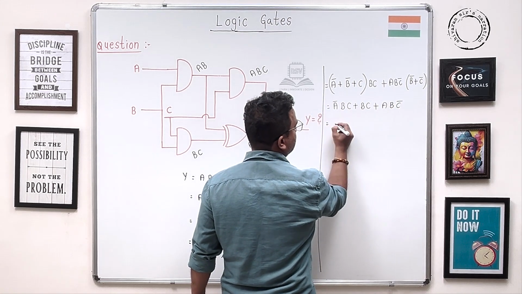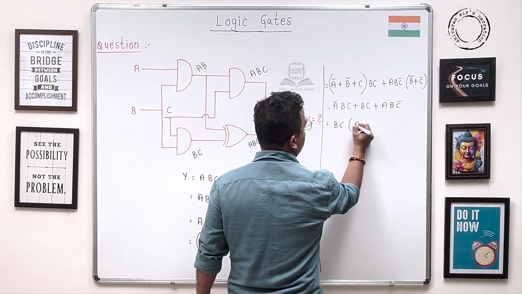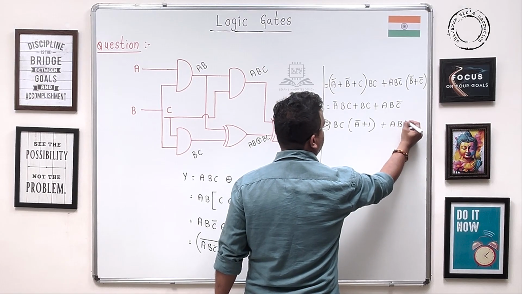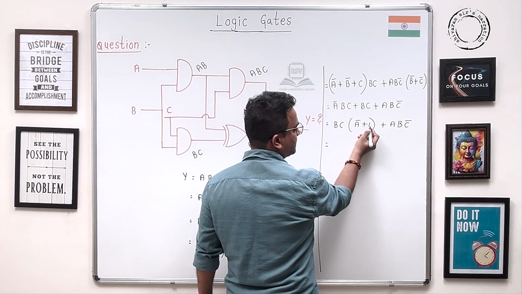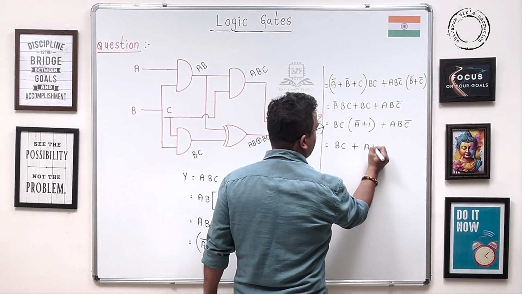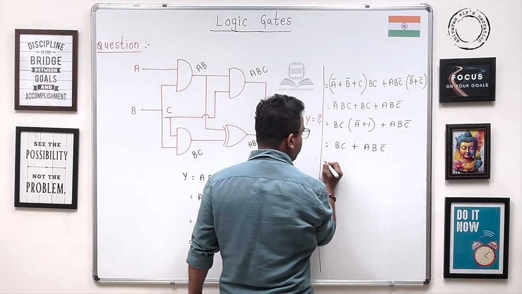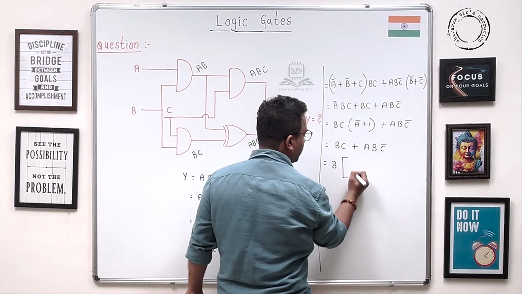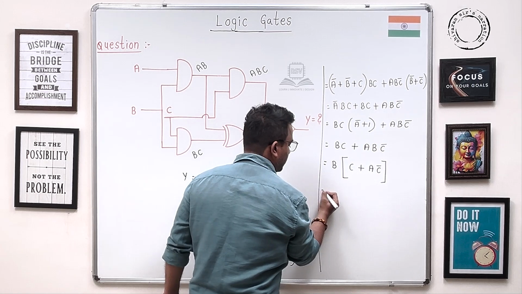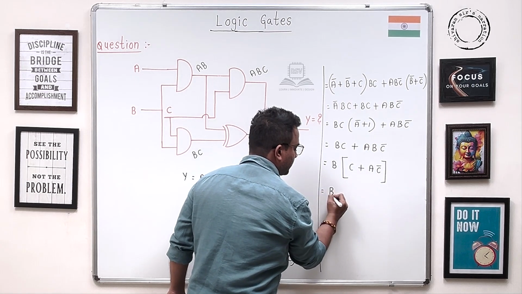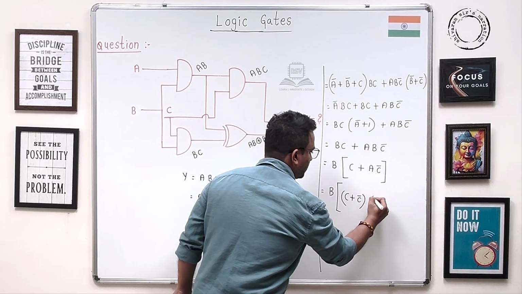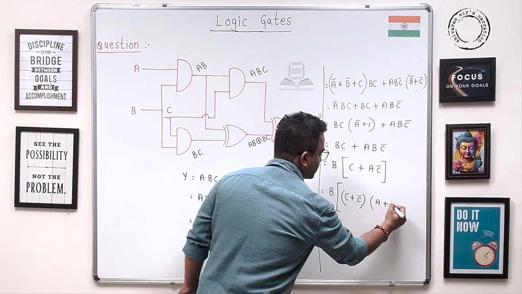Now guys, BC is common: BC into (A bar plus 1) plus ABC bar. Again here, anything plus 1 is 1 only, hence it is BC plus ABC bar. Take B as common, then it is B (C plus AC bar). Again here, by using the distribution theorem, you can rewrite it as (C plus C bar) into (A plus C).